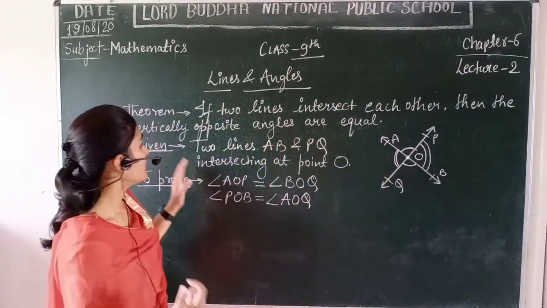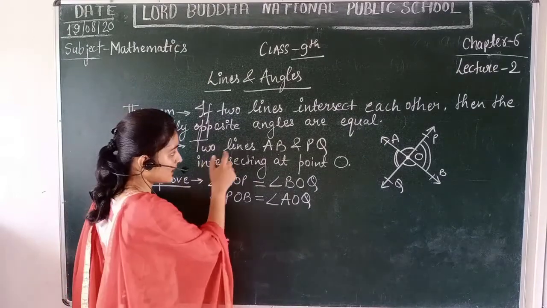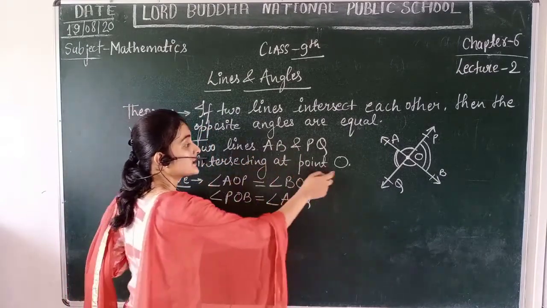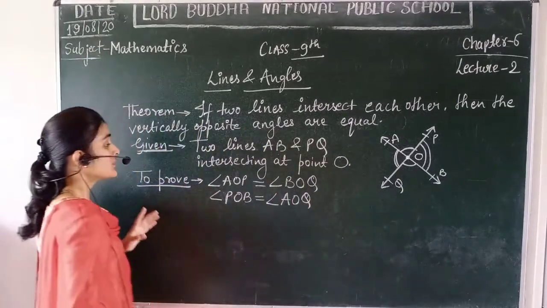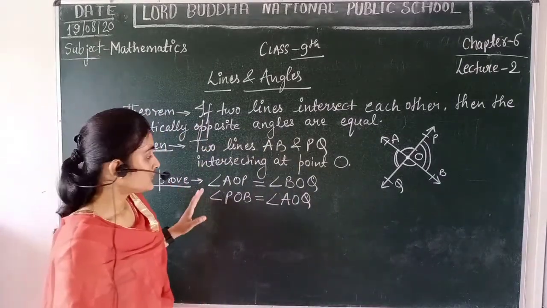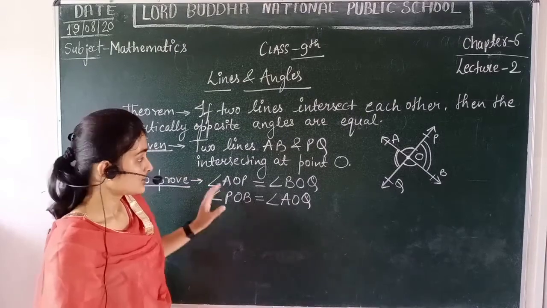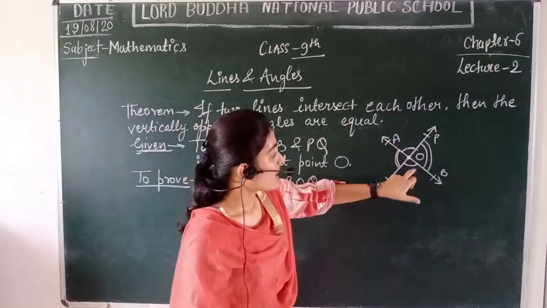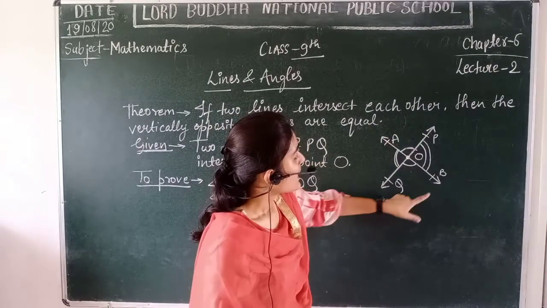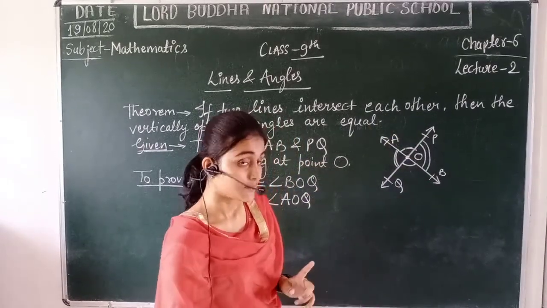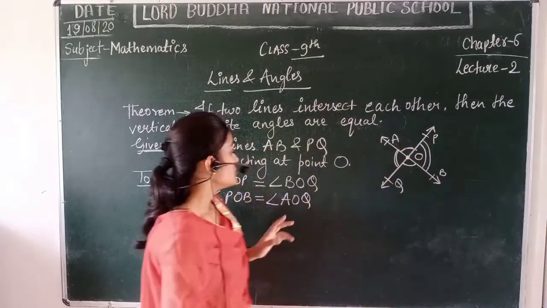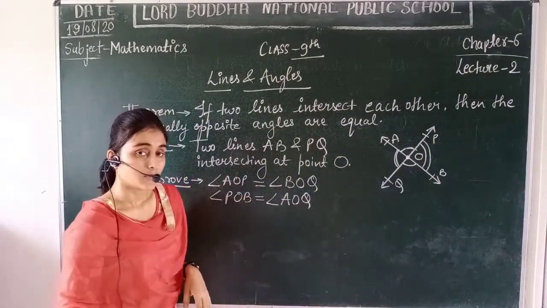O. And you wrote all these things in your given section, that two lines are given, their names are AB and PQ and they intersect at a point O. Now, whatever you have to prove, you will write in the to prove section. So you have to prove that vertical pairs are equal. So the vertical pairs of angles here are AOP and BOQ, and the second pair is POB and AOQ. So you have to prove both of them are equal.